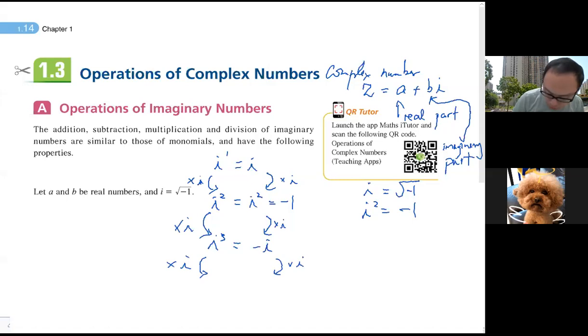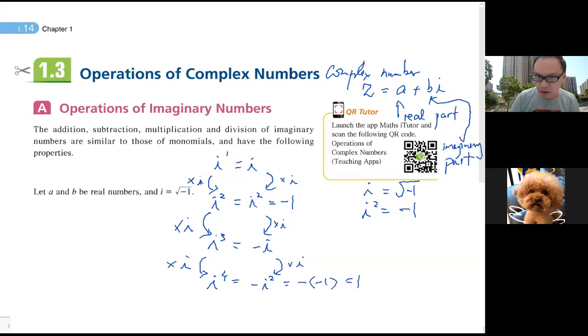Then i to the power 4 is equal to -i times i. That is -i square. But what is -i square? i square should be changed to -1. So it is negative of -1. So it becomes +1. So I have got +1 when I come up to power 4 of the i.